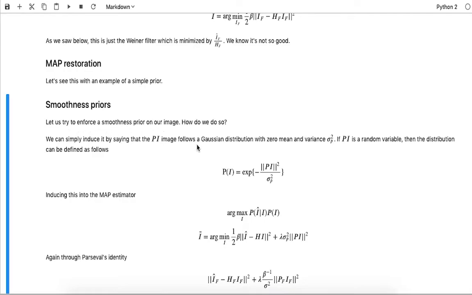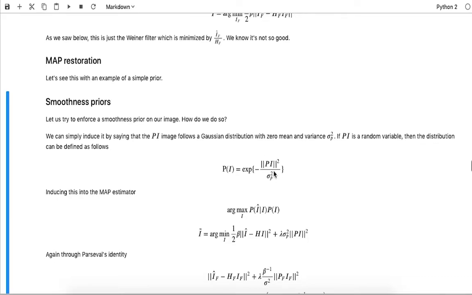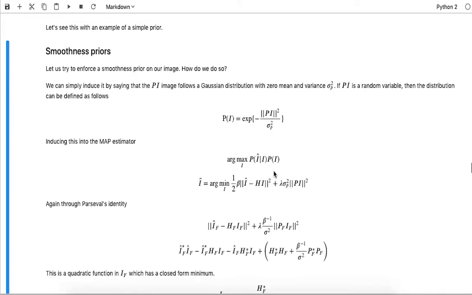Let's enforce some smoothness prior into the image. You can assume that my image, convolved with a sharp kernel, is distributed around 0 with some variance. Let's say P is my Laplacian kernel.